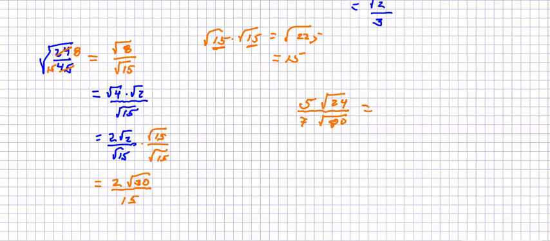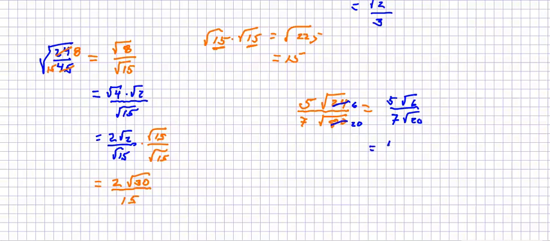First of all, simplify if you can in the radical. 4 goes into 24, 6. 4 goes into 80, 20. So I have 5 radical 6 over 7 radical 20. Radical 20, though, has a perfect square.